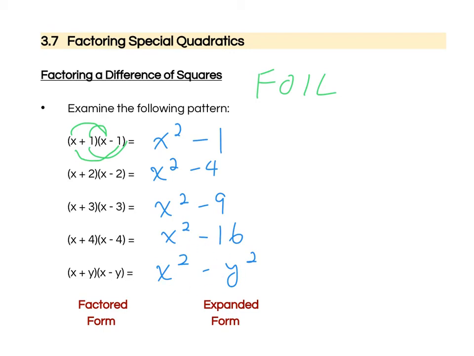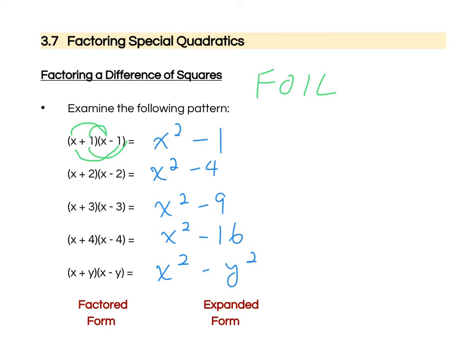So what we did was we expanded. So what we're going to learn today is how do we take an expanded form, like x squared minus 1, and then convert that back to a factored form, right? So expanded form, we're looking at a sum or a difference. In this case, it's a difference because it's a difference of squares. And then we're turning that into a product in factored form.